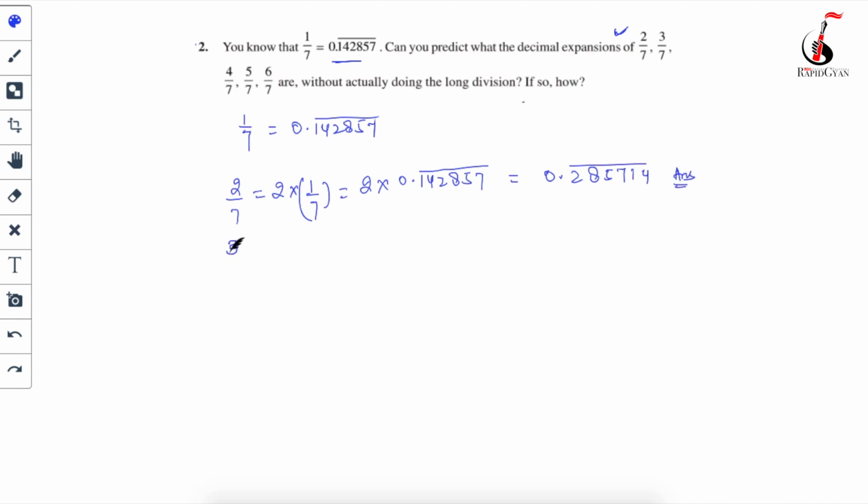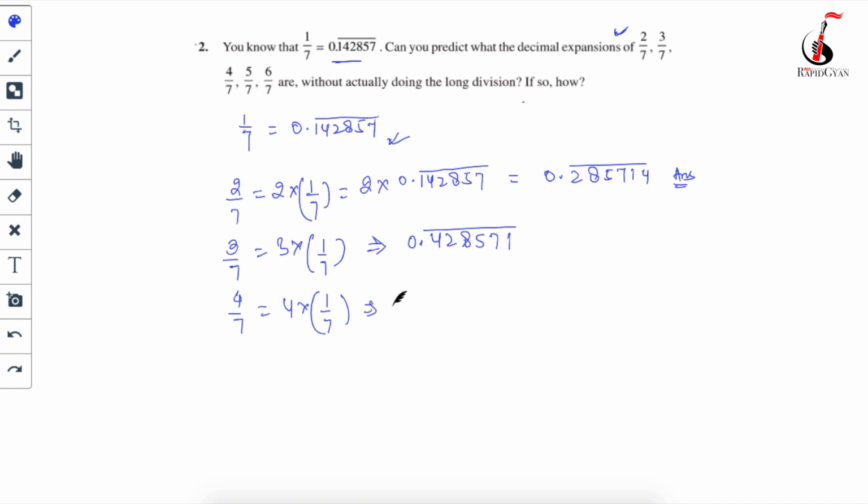Similarly, for 3 by 7, you will have to do the same thing, 3 times 1 by 7. If you multiply 3 with 142857, your answer will be 0.428571. Okay. Now for 4 by 7, it's 4 times 1 by 7, which will give the answer, guys, I'm just directly writing the answers.